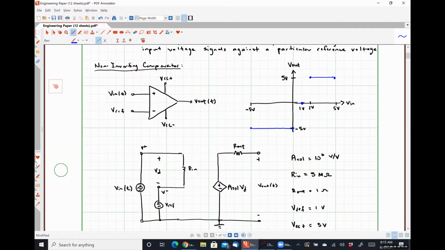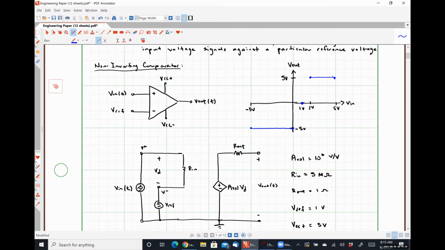So really the only thing we're unsure about is how this behaves in the range of the reference voltage, okay? So I can't really draw this on the diagram well, but let's say that our Vn is 1.001 volts. So 1 volt and then another millivolt added to it, okay?